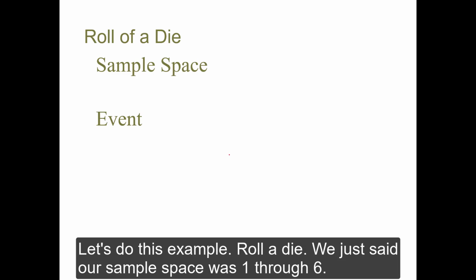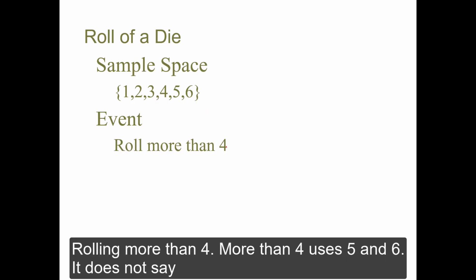All right, so let's do an example. Rolling a die. We just said our sample space was 1 through 6. All right, rolling more than 4. More than 4 constitutes just 5 and 6, so it doesn't say at least 4, right? So more than 4 means more than 4.